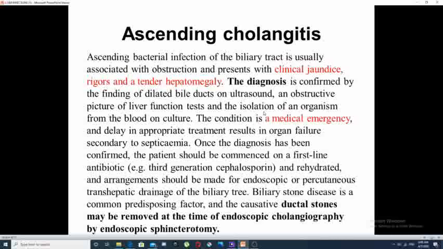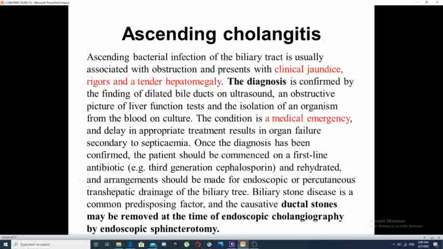Ascending cholangitis is considered as a medical emergency, since delay may result in organ failure and septicemia. Once diagnosis is established, the patient should be put on antibiotic treatment, and we are starting from second-line antibiotics like third-generation cephalosporin and rehydration.